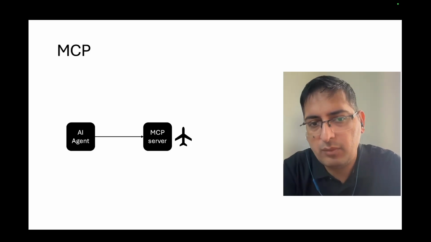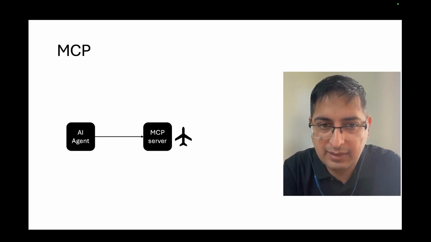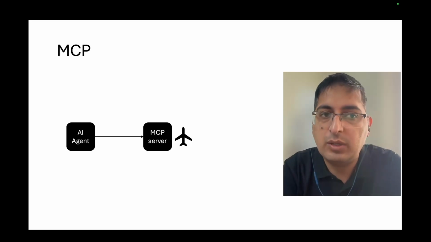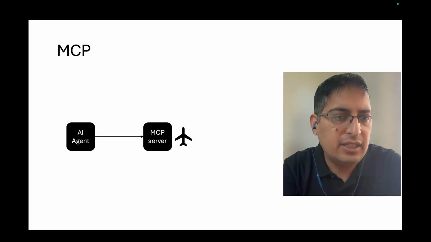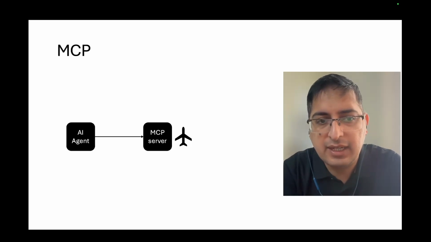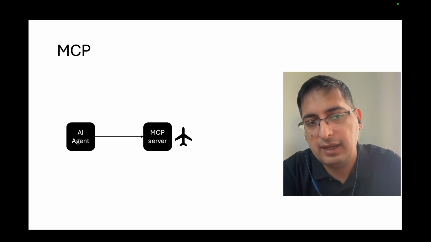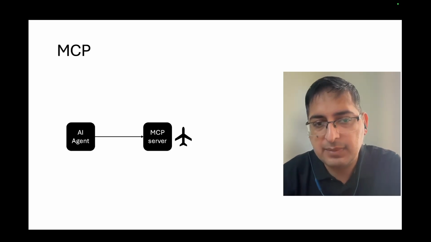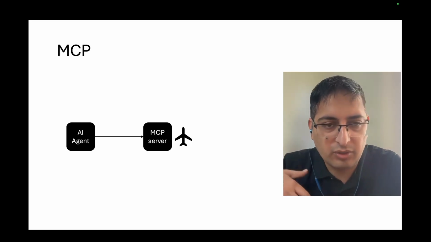It is very different from the API world, because in the API world, the agent has to clearly know how to access that API link, what input it expects, and what the format of output will be. In the case of an MCP server, the AI agent doesn't need to know that information prior to making the call. The MCP server and AI agent can discuss that at runtime, and the AI agent can easily access that information with the help of the MCP server. So it's a very AI-specific way to get information from a different machine or different system.